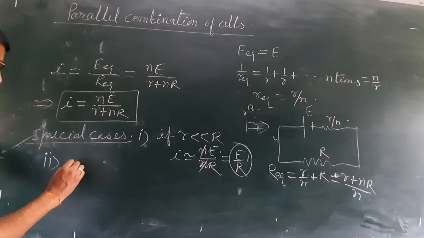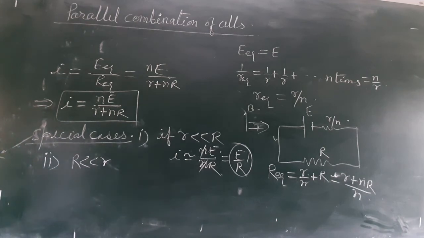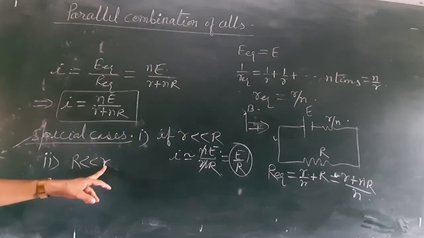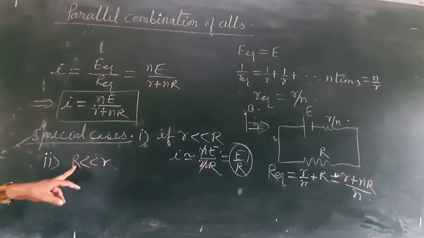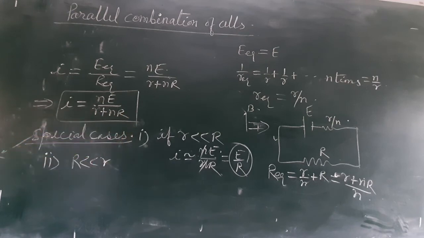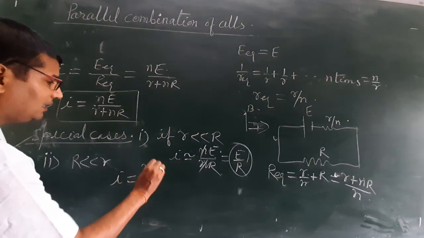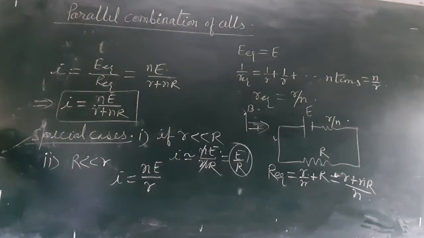Case number 2. If capital R is very small in comparison to small r, meaning the internal resistances of the cells are very high in comparison to the external resistance, then what will happen? This can be ignored, nR can be neglected, and in this case I is equal to nE upon r.